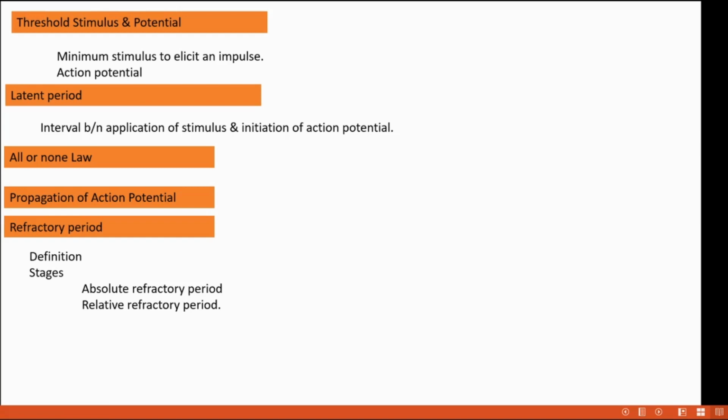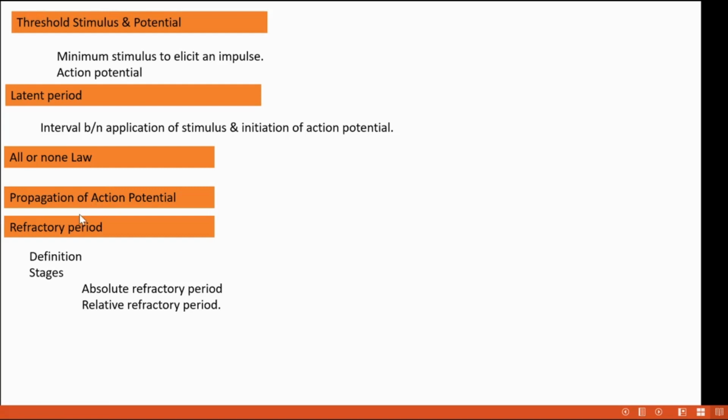If the stimulus is of enough strength, then there is generation of an action potential; otherwise, none. If it comes, it comes in full; otherwise, none should be there. That is the all or none law.